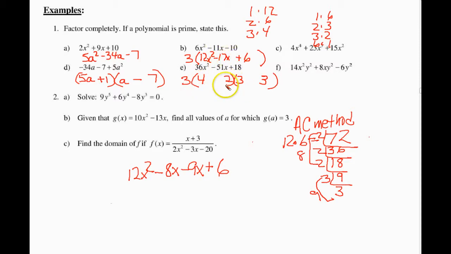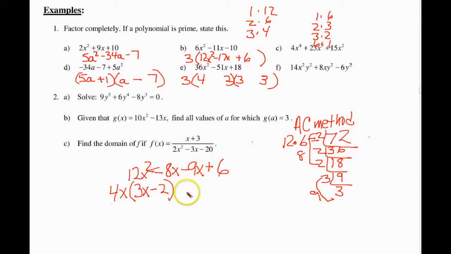But I was having trouble doing it. So I rewrote the 3-term trinomial into a polynomial 4-term. And now I'm going to factor by grouping. So out of this one, I'm going to take 4x. And then I get 3x minus 2.